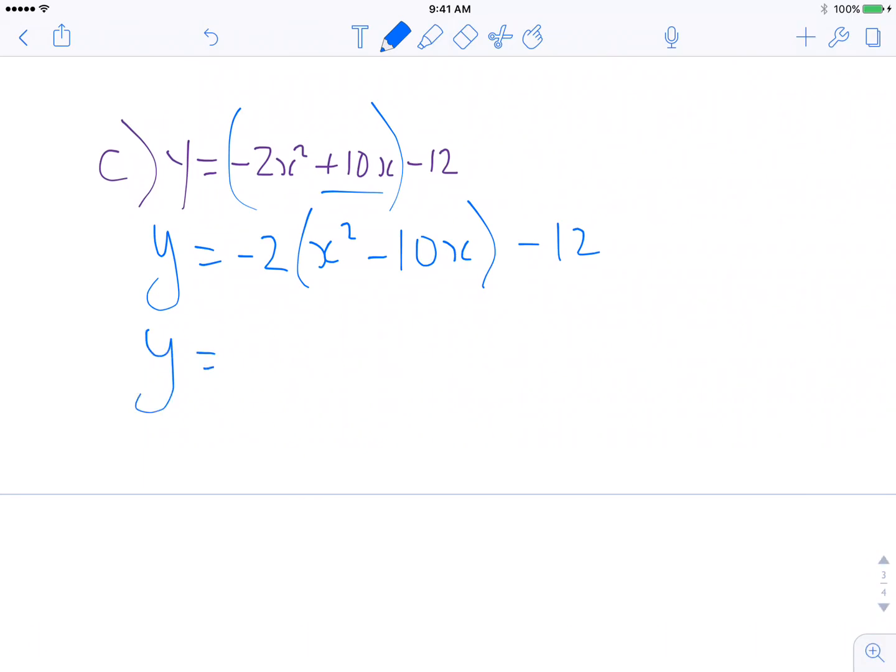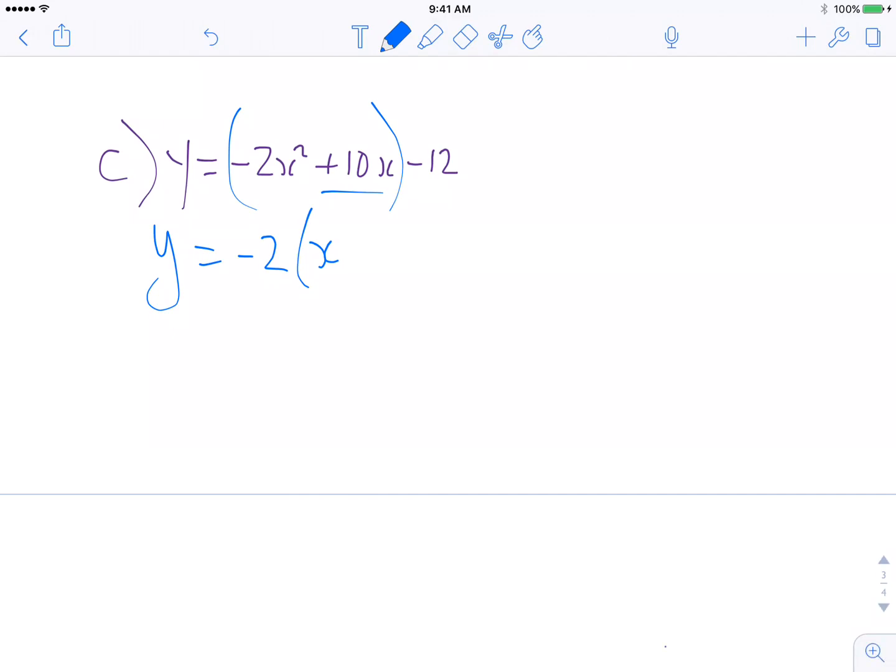y equals negative 2, half of negative 10 is negative 5, and negative 5 divided by, oh, I made a mistake here. Oh dear. So negative 2 times, let's see here, that's not right, it should be 5.